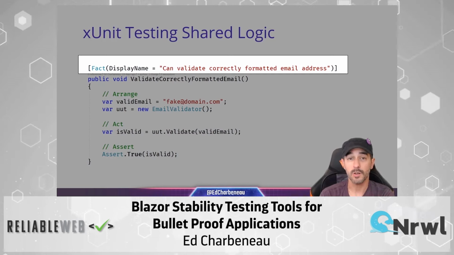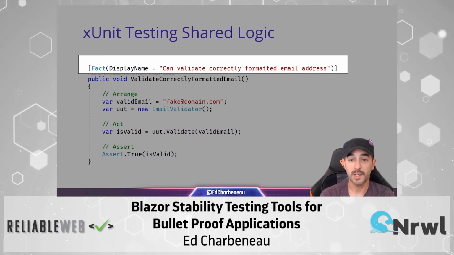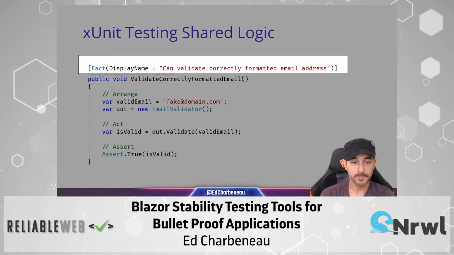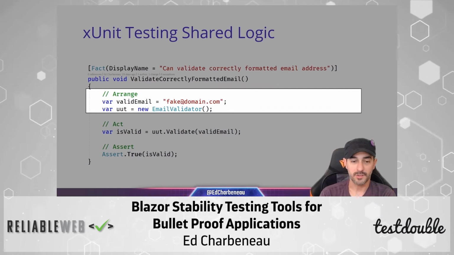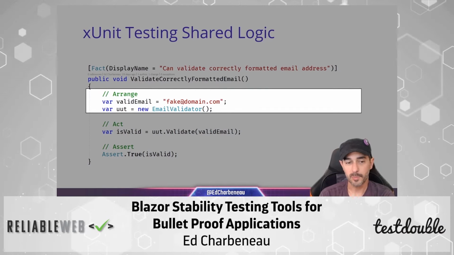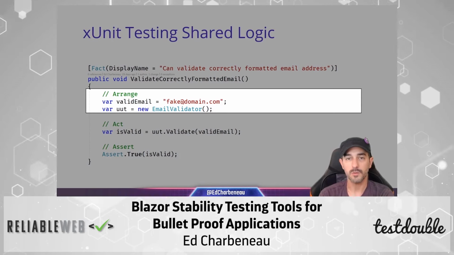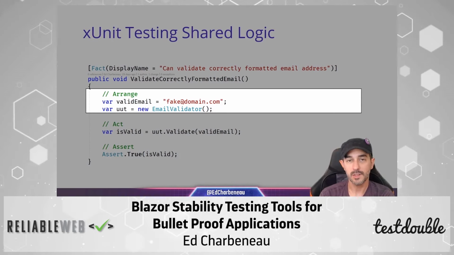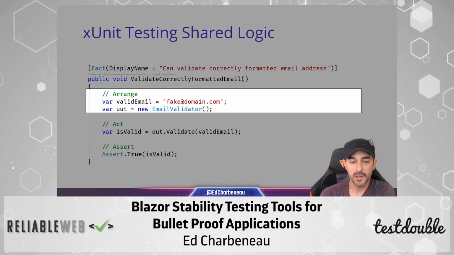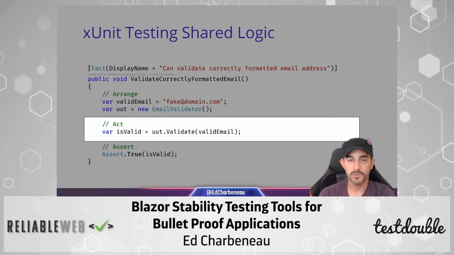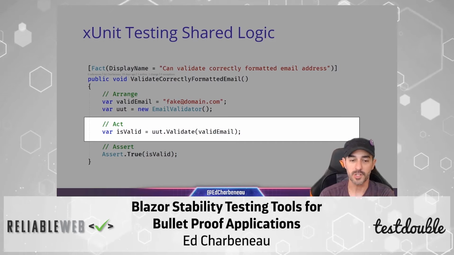When something goes wrong, we know more about the test and what we can do to fix it. If we go down a little bit, we'll arrange our tests. So we have an example of our valid email, what we expect to be a valid input. We have our unit under test, which is our new email validator, and then we'll do some sort of action upon that object.